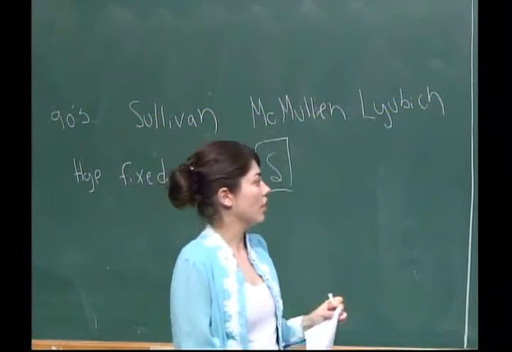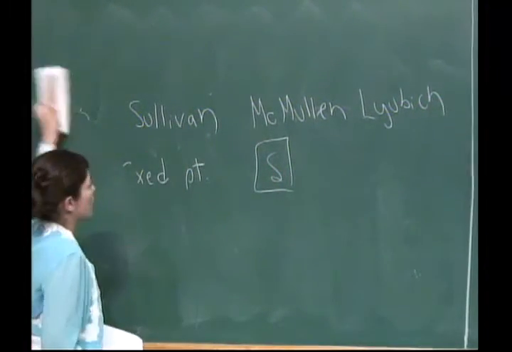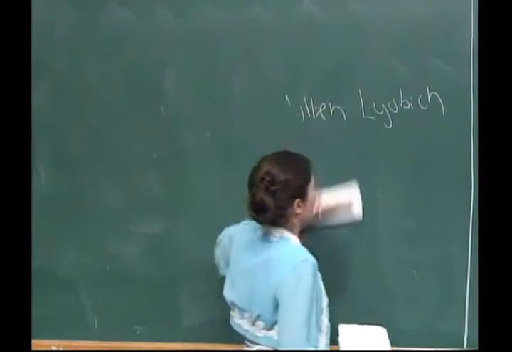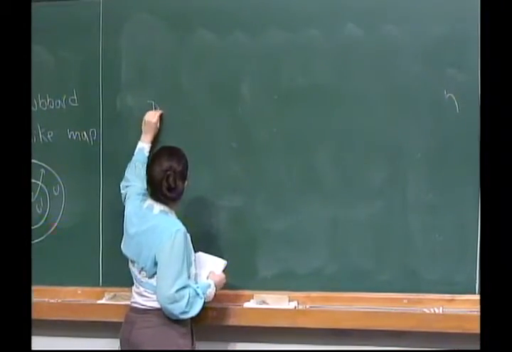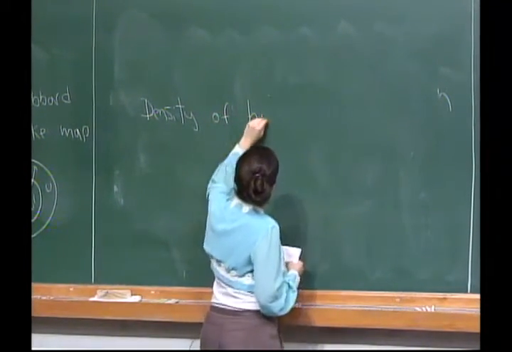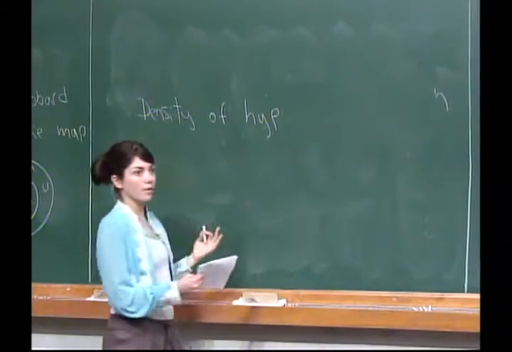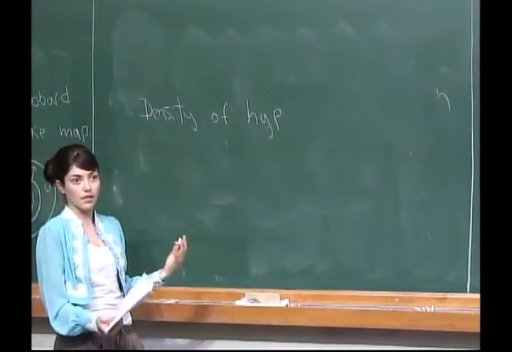And okay, so another application of this could be, I think it's been mentioned a lot as well. What is density of hyperbolicity? So this problem could be seen both in the complex plane and in the smooth case.